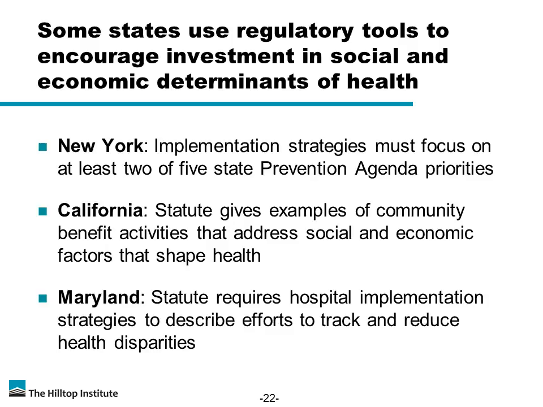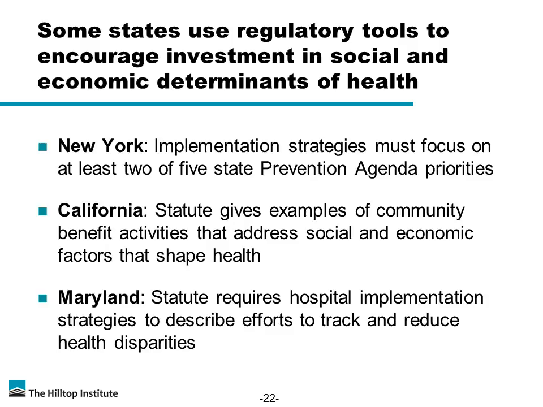It's around preventing chronic diseases, promoting a healthy and safe environment, promoting healthy women, infants, and children, promoting mental health and preventing substance abuse, and then preventing HIV and some other communicable diseases. So what they've actually mandated through regulatory tools in New York State is that the hospitals must focus on at least 2 of those 5 state prevention agenda priorities in developing their community health needs assessments.